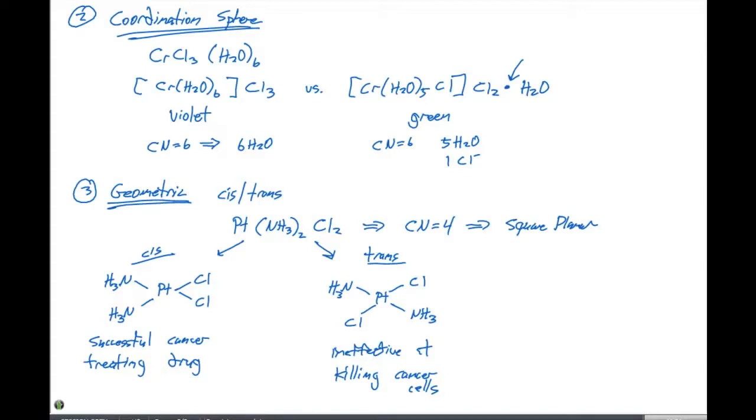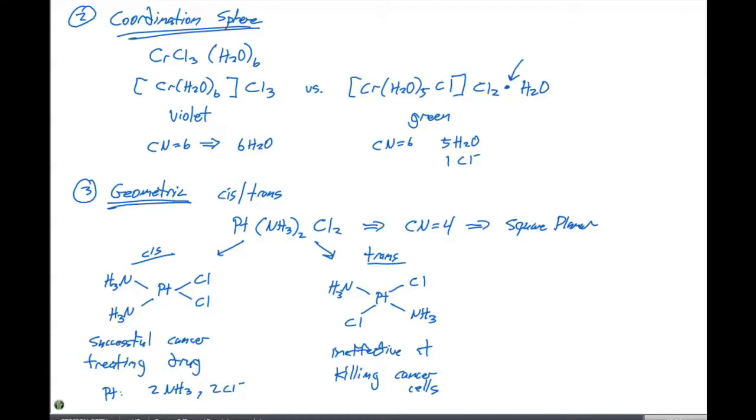One of the things I also want to point out is that geometric isomers are stereoisomers, which means they have identical bonds. In the cis case, we have a platinum coordinated to 2 NH3s and also to 2 Cl minuses.